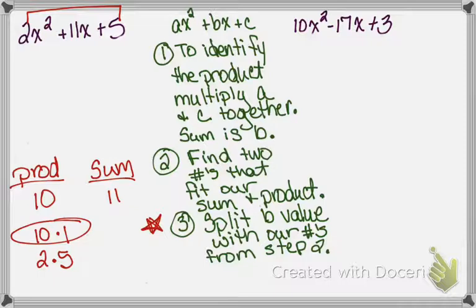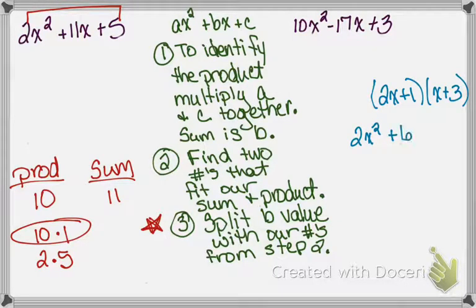Very often, when you have FOILed a binomial times a binomial, what do you do with those two middle terms? Okay? So if I FOILed 2x plus 1 and x plus 3, I would get 2x squared plus 6x plus 1x plus 3.